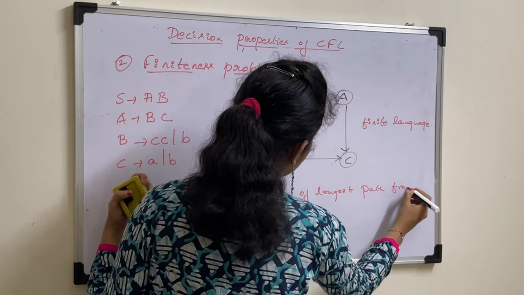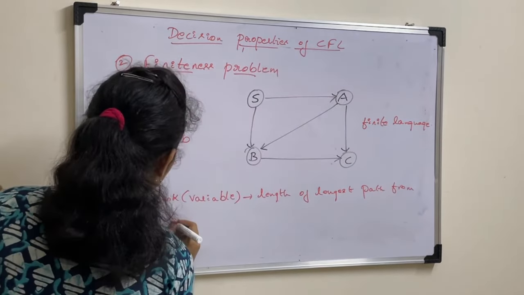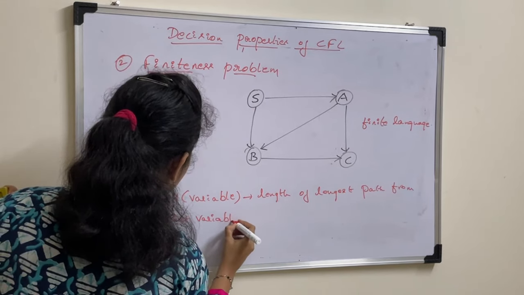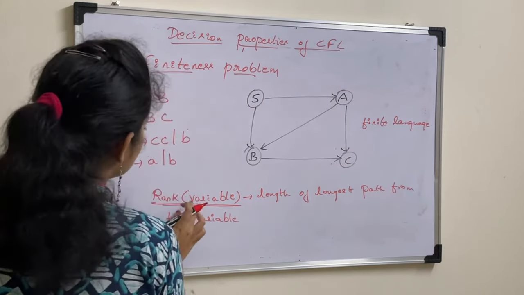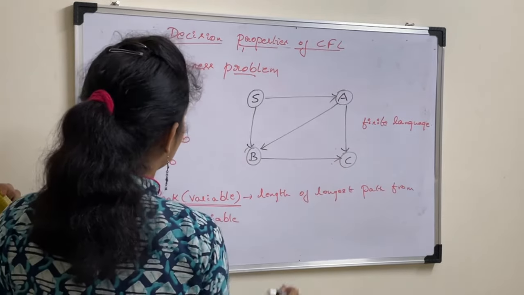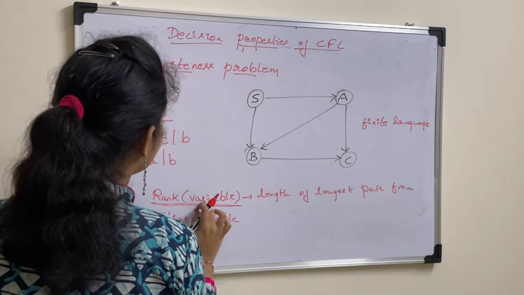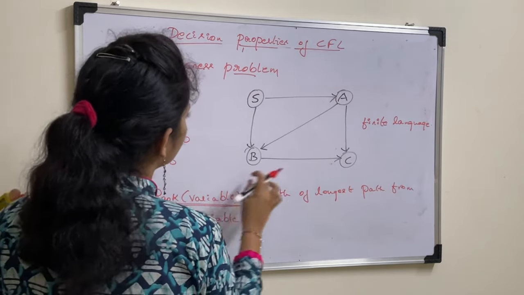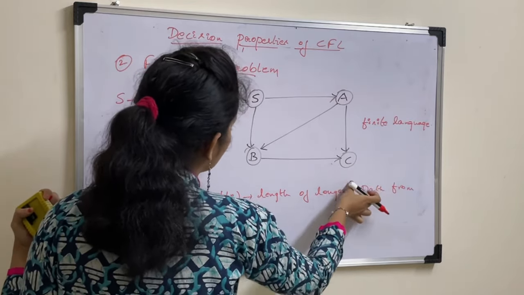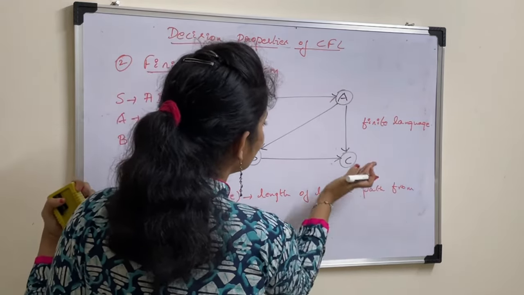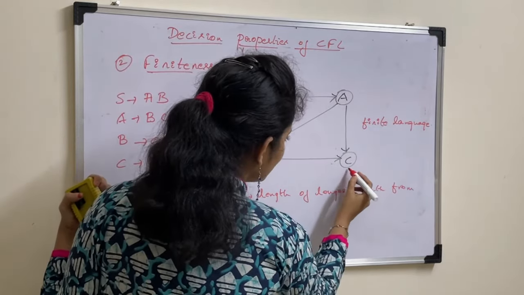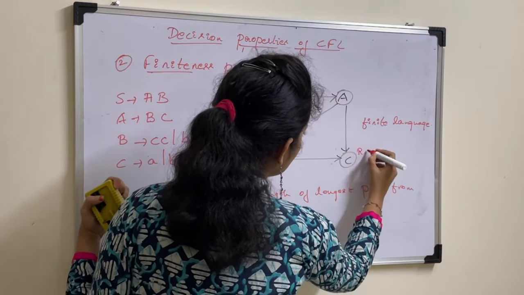So this is the rank of the variable. If you want to find the rank of variable C, you need to calculate the length of the longest path from this variable. You need to check the outgoing edges from C. As there are no outgoing edges from C, its rank will be 0.